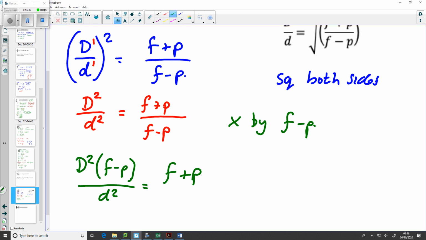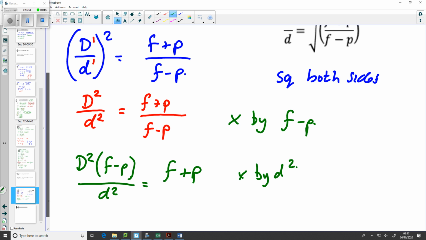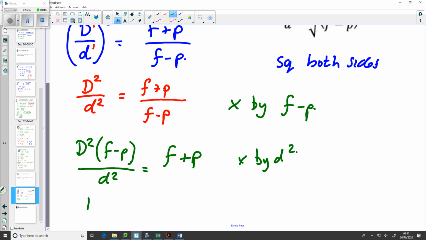So if we multiply by little d squared, this is attached to that by division. So if we multiply, we end up with D squared times F minus P is equal to little d squared F.